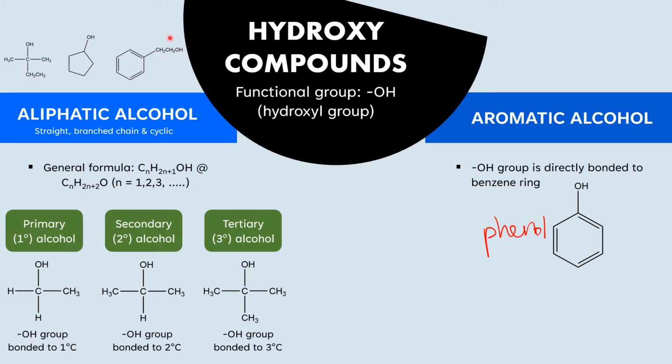So ini adalah salah satu contoh alcohol aliphatic as well. And for the aromatic alcohol, as we can see, the OH is directly bonded to the benzene ring. So all these examples adalah di bawah aromatic alcohol. The key point here for aromatic alcohol adalah apabila OH yang directly bonded kepada carbon double bond in the benzene ring.